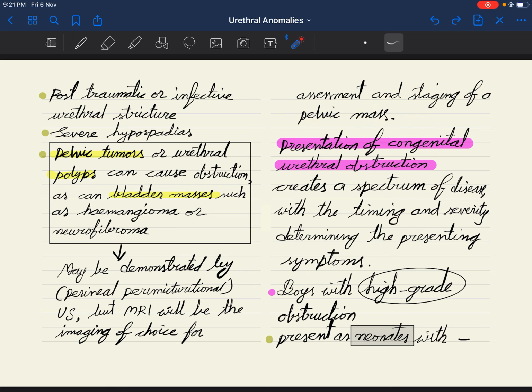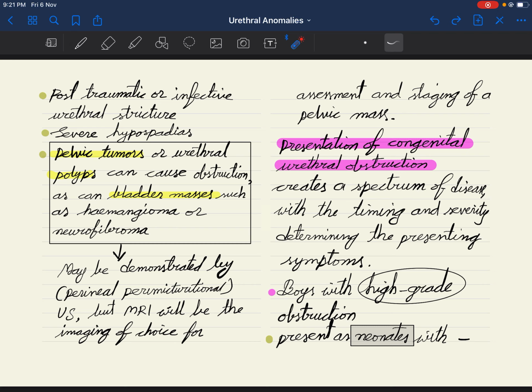So, how is a congenital urethral obstruction presented? Congenital urethral obstruction creates a spectrum of disease, with the timing and severity determining the presenting symptom of the children.